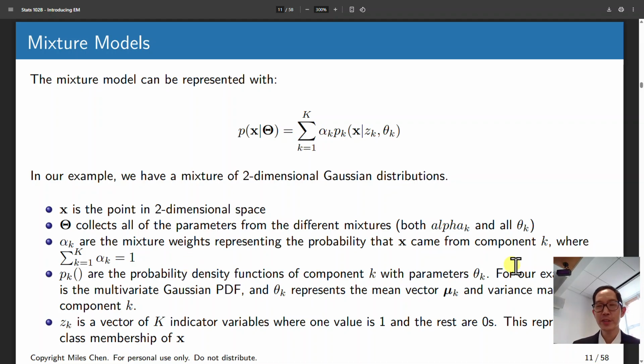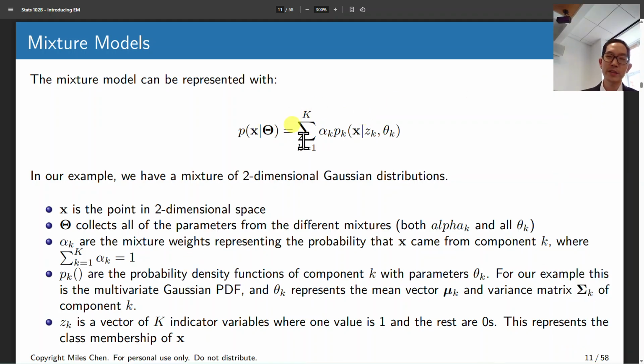As far as the PDF of our mixture model, it's going to be the sum over components of alpha times the PDF of each multivariate normal distribution.